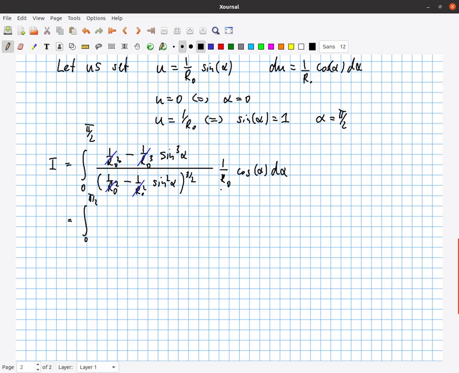We have hence a 1/r0 term here. On the top here we have 1 minus sine to the power 3 alpha. And down here we have 1 minus sine squared, which we can immediately write as cos squared. Then we take the square root. Let's do this slowly. Cos squared alpha to the power 3/2, cos alpha d alpha. The 1/r0 is the one which is there.